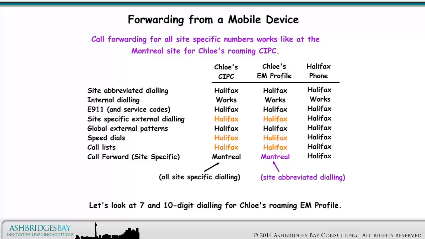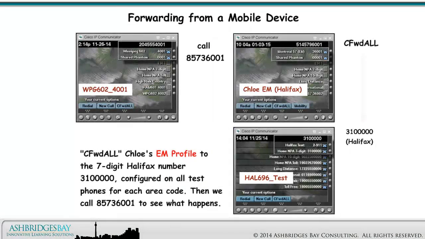Let's look at 7 and 10-digit dialing for Chloe's roaming EM profile. Call forward all Chloe's EM to the 7-digit Halifax number 310-0000, configured on all test phones for each area code. Then we call 8-573-6001 to see what happens.